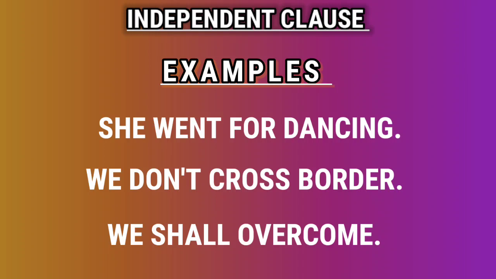One thing you can see here that these 3 sentences can create their own meaning alone. They can stand alone. They do not need any other sentences to fulfill their meaning or to complete their form. So they are the example of independent clause.